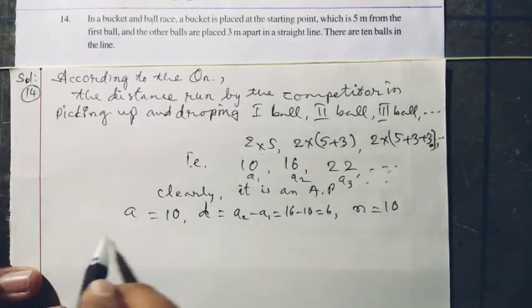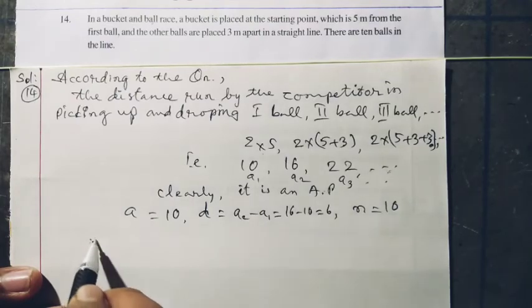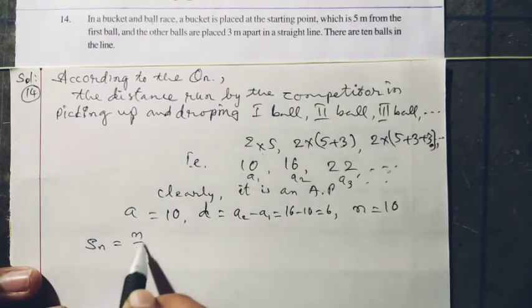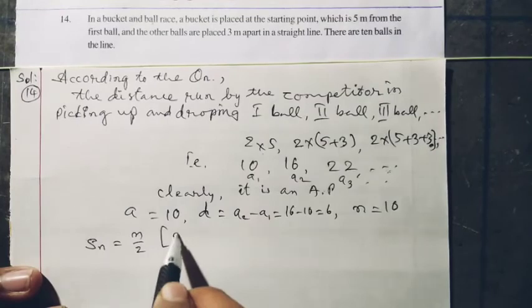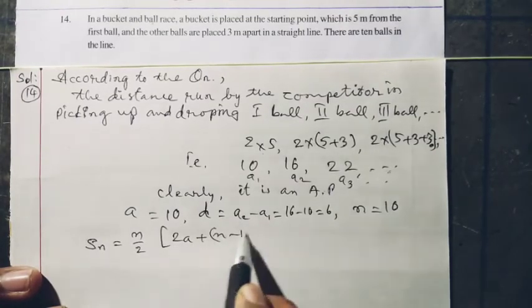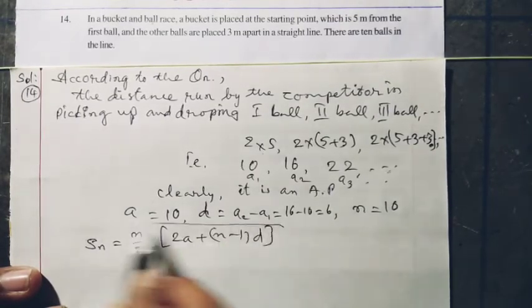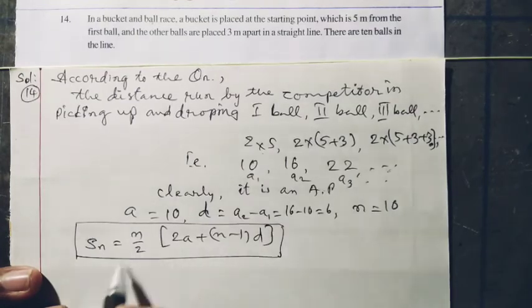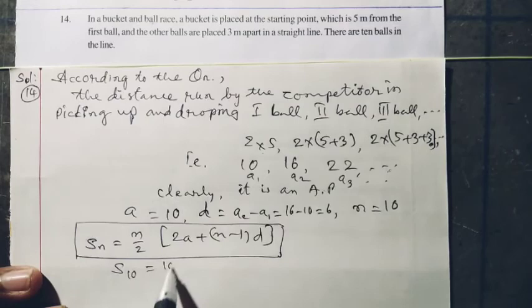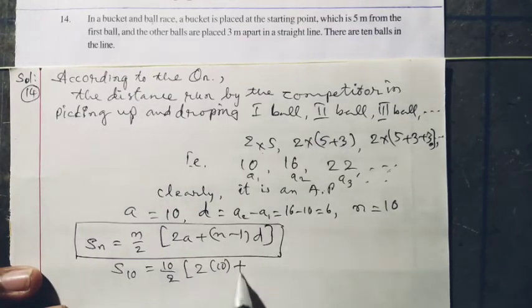We know the formula to find the sum of n terms. Sn is equal to n by 2 into 2a plus n minus 1 into d. Using this formula, we can find the sum of 10 terms. S10 is equal to 10 by 2 into 2 into 10 plus 10 minus 1 into d, which is 6.